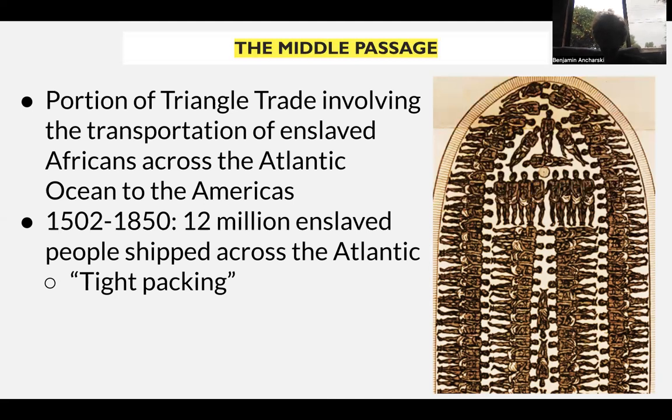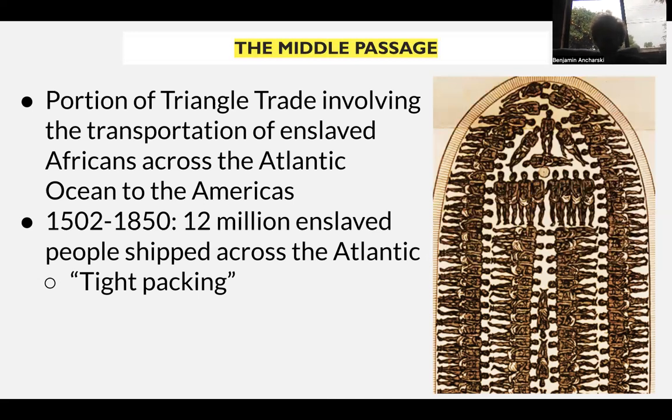Oftentimes, enslavers, slave trade captains, would employ a tactic known as tight packing, in which, to maximize space, we would see literal human beings being laid on top of each other. One abolitionist, one person opposed to slavery in the future, said that the conditions on board only limited an individual to a 4x2 foot square piece of space.